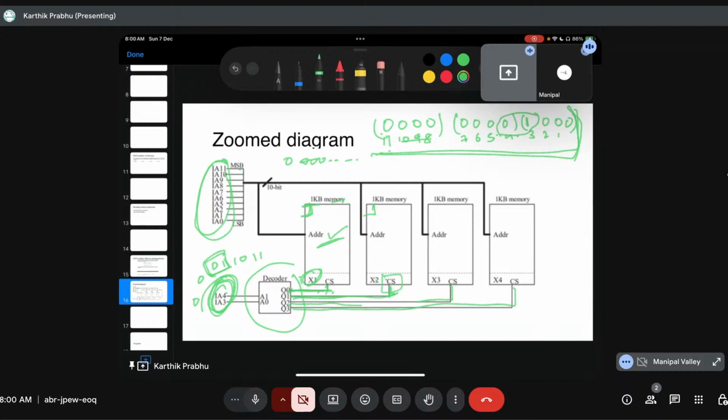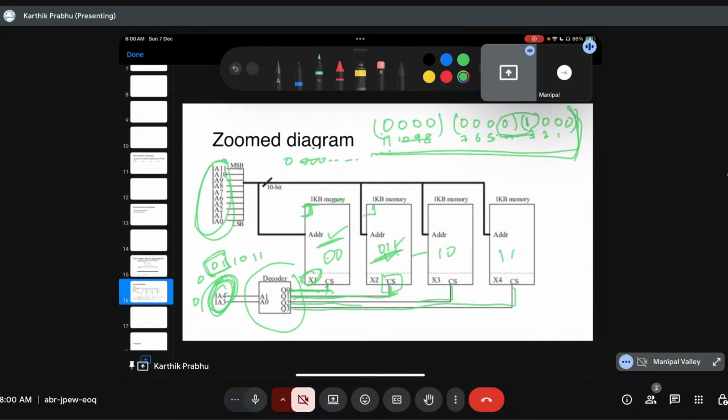You understood how that works? Yeah, because these 4 and 3 are decoding these blocks. So 0 and 1 will decode the second block, because 0 1 is 1, right? This is 0 0, this is 0 1, this is 1 0, this is 1 1. 0 1 will decode this block basically.